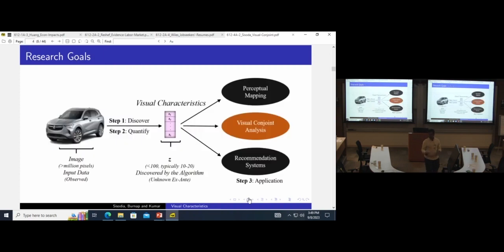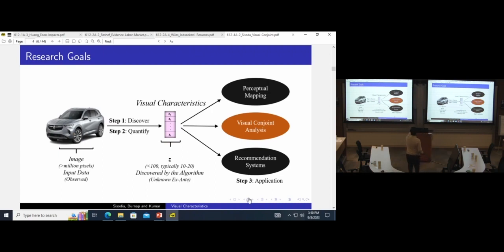So to put it in a different context, suppose we have a data set which is of hundreds or thousands of images, like the one I have over here in the automobiles. So I want this method to discover or find the visual characteristics, quantify each of those characteristics, so that at the end I have a vector of visual characteristics for each product image.